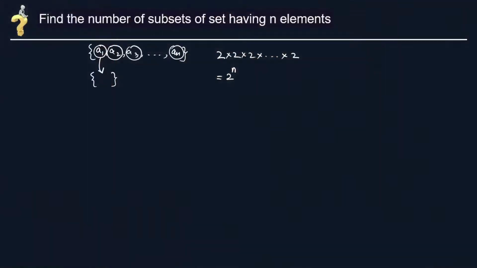Yes, because that subset will be a null set, and the null set is always a subset of the original set. So when no elements are coming, which is already included in 2 to the power n, that is also a subset of the given set. Therefore, for a set having n elements, the total number of subsets that can be formed is 2 to the power n. Is it clear? Okay, let's move to the next problem.